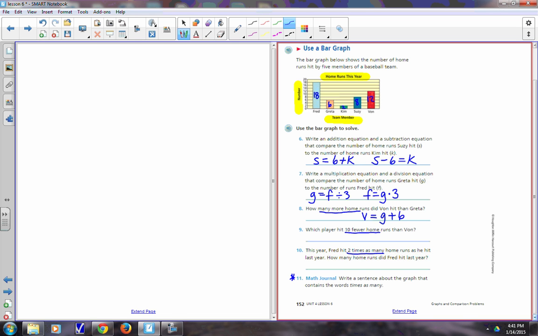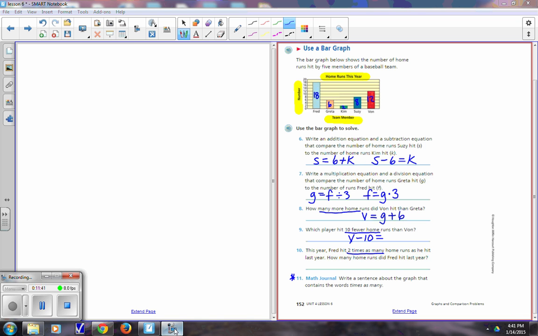So see if you can figure out how many more home runs Vaughn hit than Greta. Which player hit 10 fewer home runs than Vaughn? Well, I have to look at Vaughn. Vaughn minus 10 equals who?